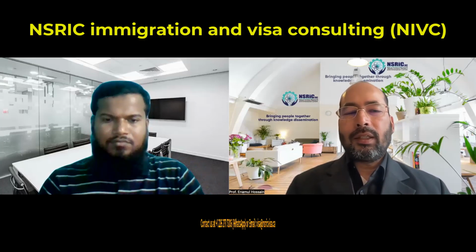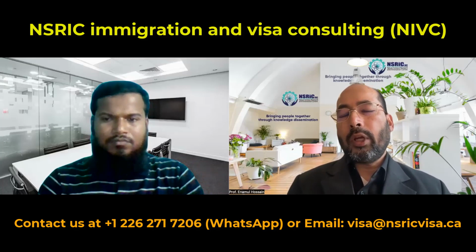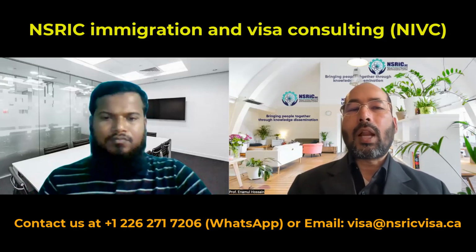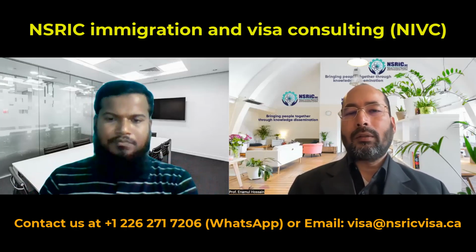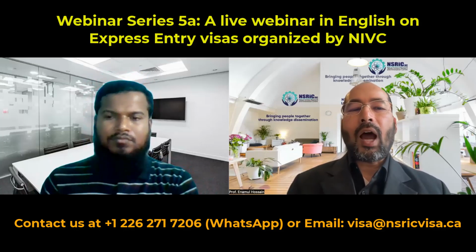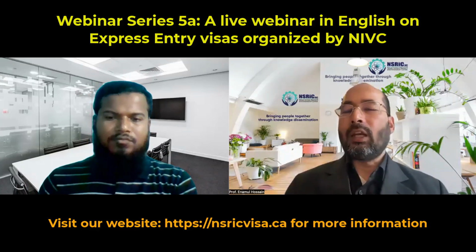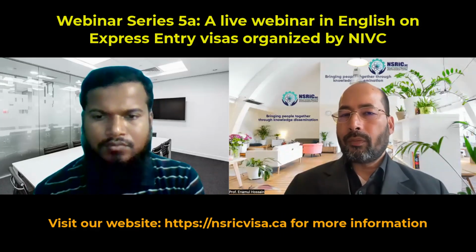And then the third one is education, because you are going to compete with a number of applicants who are applying from different countries under this category, right? Federal Skilled Worker category.